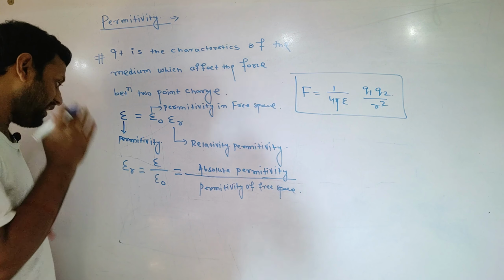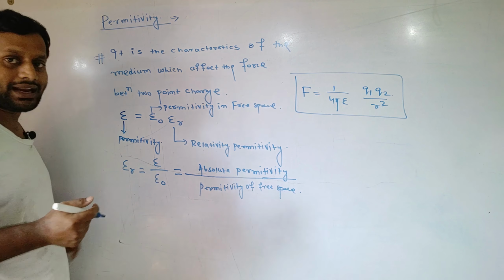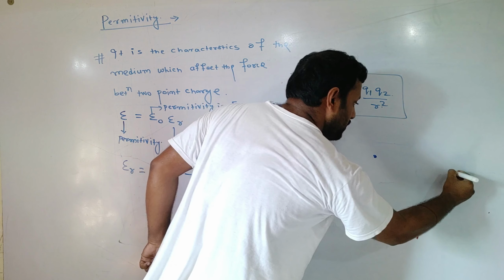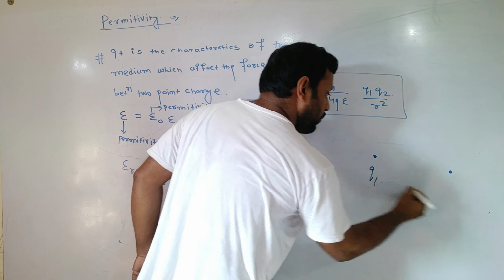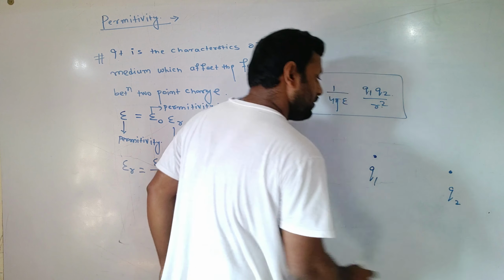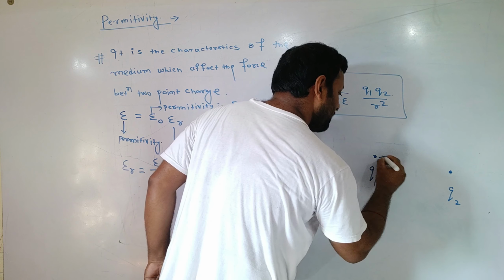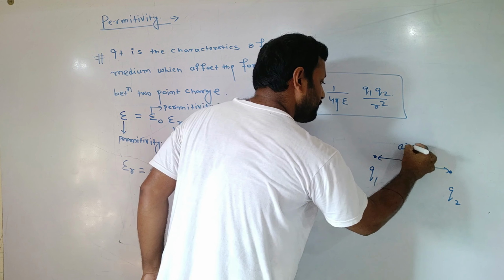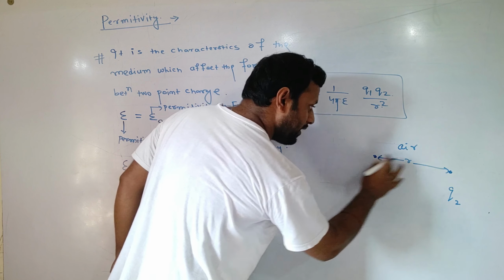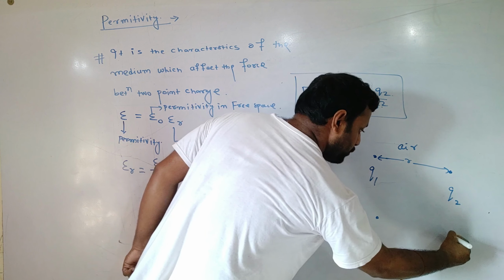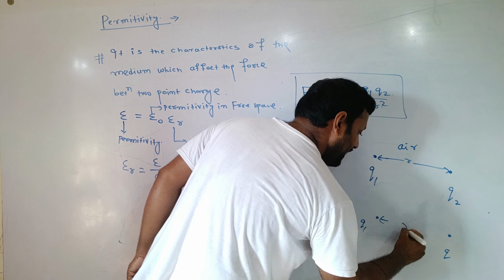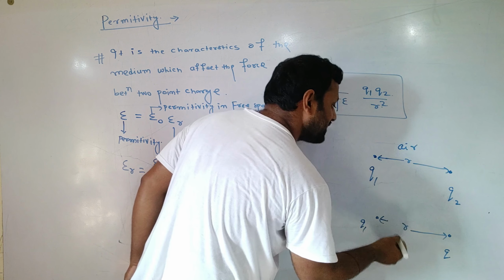Okay. In terms of force, if I try to define, again, suppose there are two charges, one is Q1, another is Q2. Suppose now they are placed at a distance of r meter away in air. Same 2 point charges Q1 and Q2 separated by r meter in another medium.